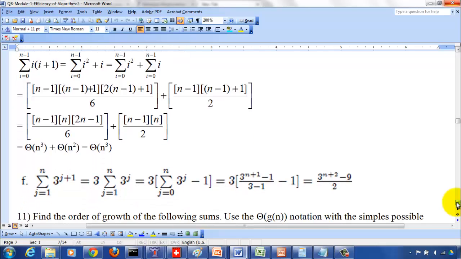Okay, so j equals 1 to n, 3 to the j plus 1. We can put for j: 3 squared plus 3 cubed plus up to 3 to the n plus 1.